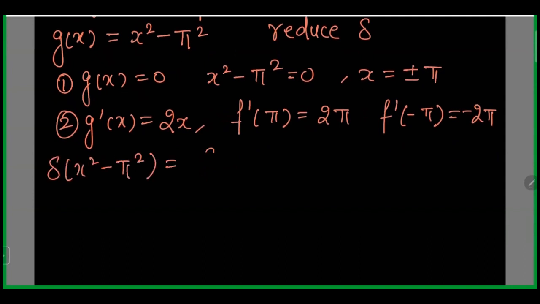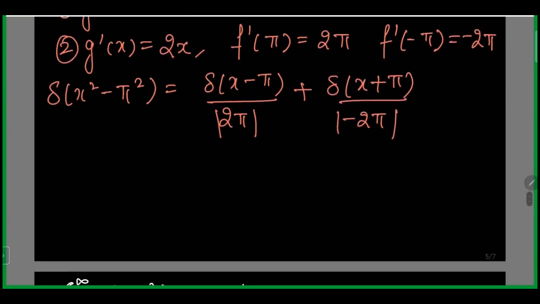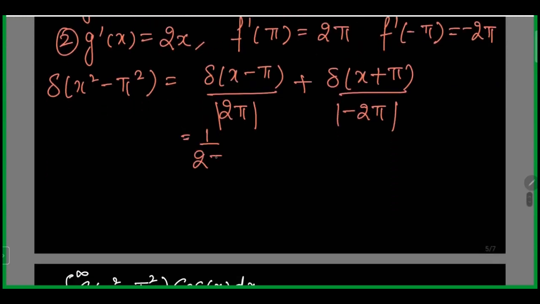Very simple. I will write delta x minus pi divided by mod of 2 pi, plus delta x plus pi divided by mod of minus 2 pi. So I will get 1 by 2 pi times delta x minus pi plus delta x plus pi. This is what I will get.